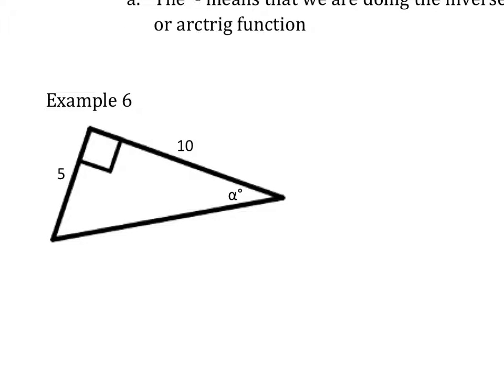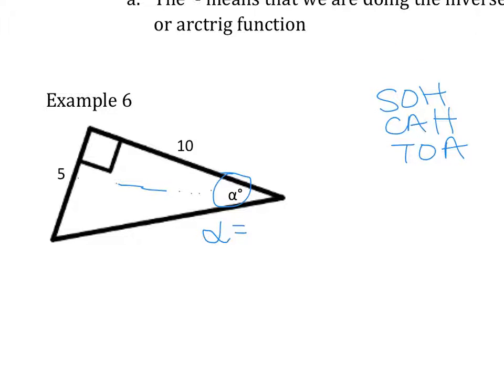So let's take a look at example 6. The first thing I do is circle the angle they want me to find. It's alpha. So I can go ahead and start writing my equation. Alpha equals, okay? I'm also going to write out SOHCAHTOA. If I go straight across from alpha, I see 5, that's opposite.